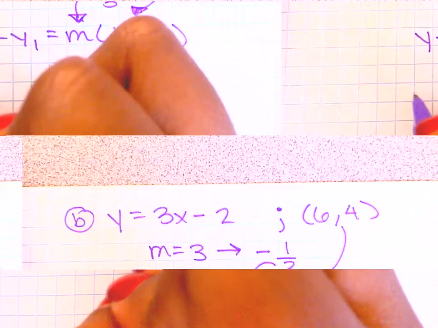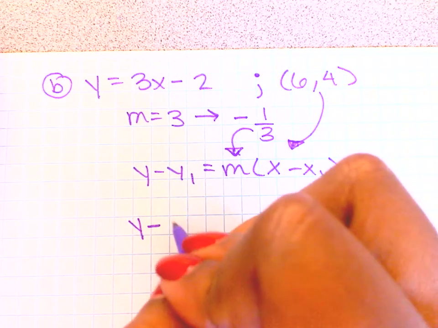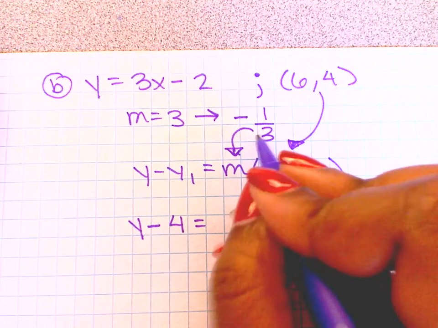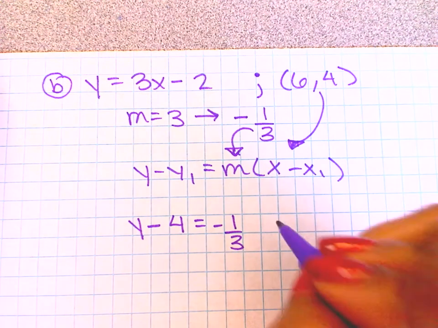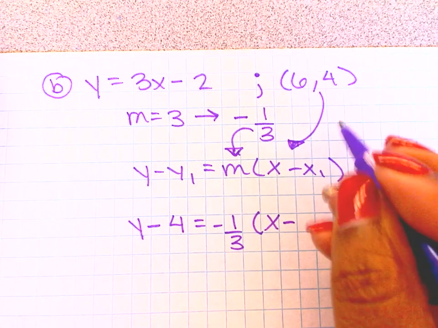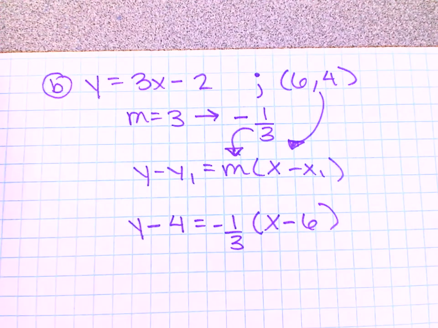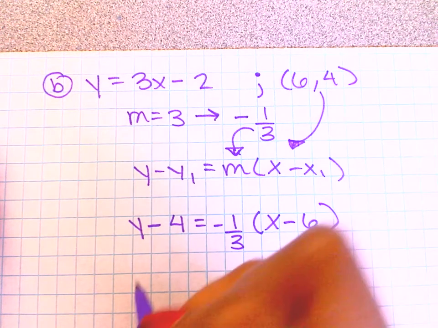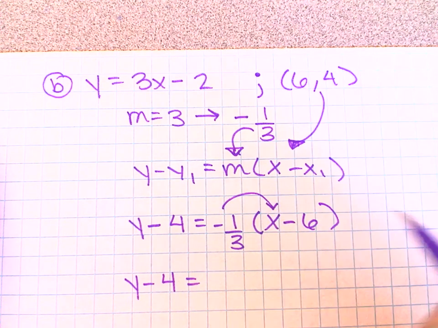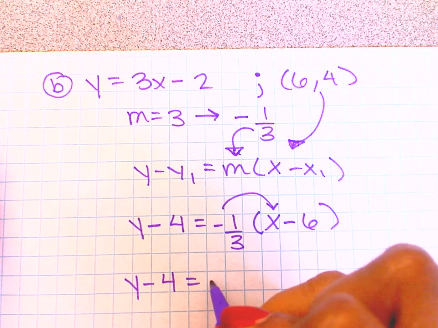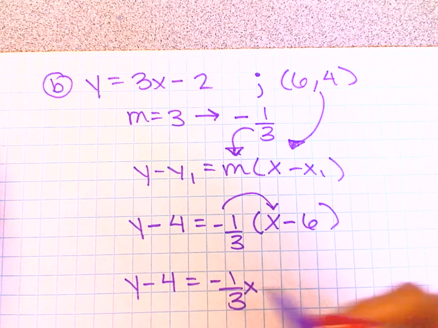So I have y minus 4 equals m, negative 1/3, because that's the new perpendicular slope, times the quantity of x minus the x that they give us, 6. Now I'm going to distribute. Negative 1/3 times x is negative 1/3 x.